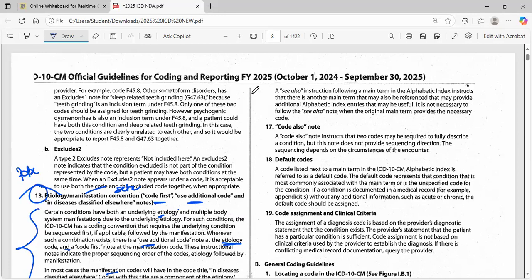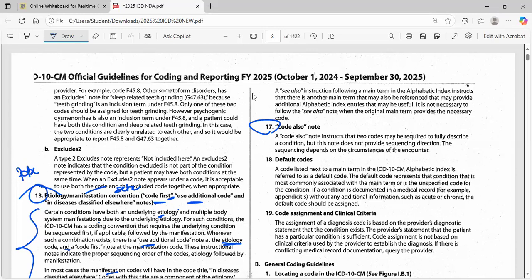Okay. Next, we have "code also". We have two sequencing instructions, "use additional" and "code first". We have another instruction that is "code also". Code also will not provide the sequencing instruction. It will just tell us that we have to use one more code.